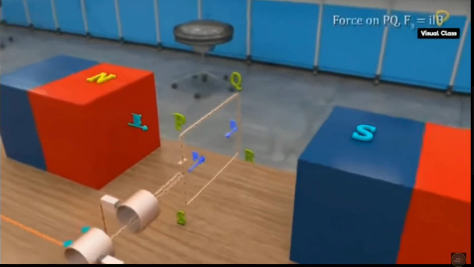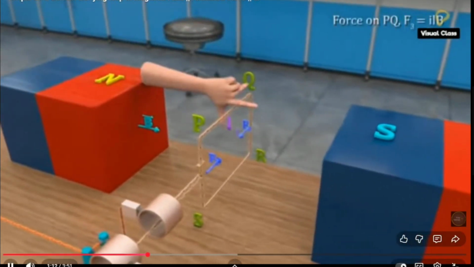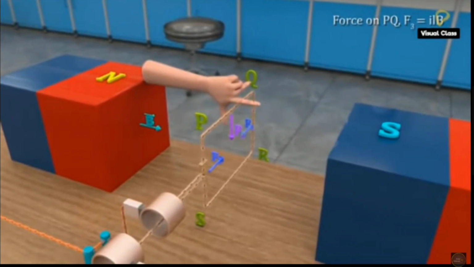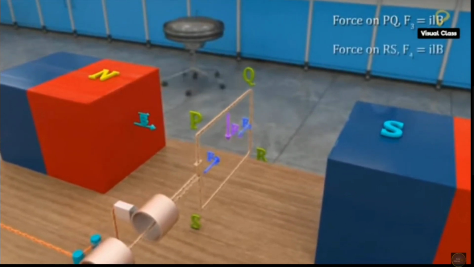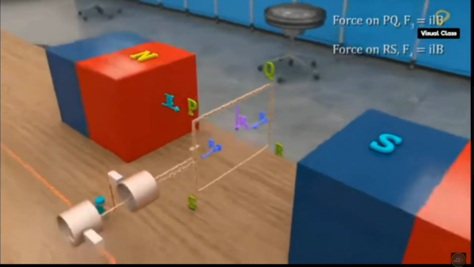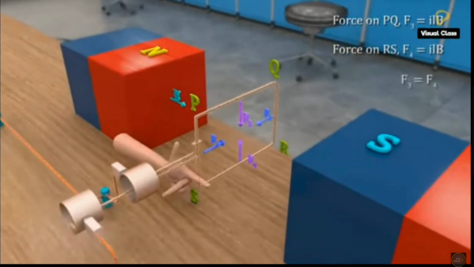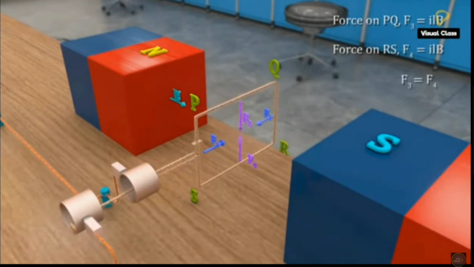Similarly, force on PQ, F3 equal to ILB, is the same in magnitude but opposite in direction to that of force F4 on RS. Since the line of action is the same for both forces, they have no effect on the loop.